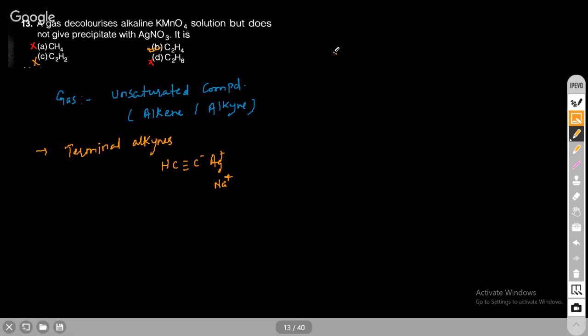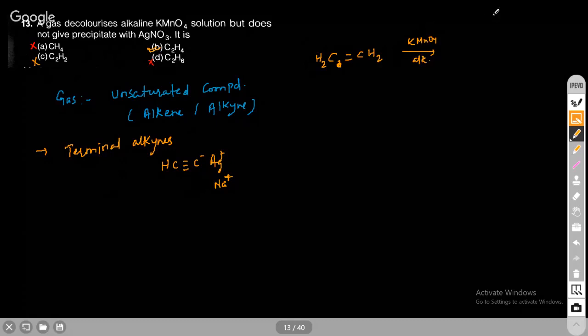For example, you see this reaction, C2H4, which is nothing but CH2 double bond CH2, and this reacts with alkaline KMnO4, right? So we have KMnO4, alkaline medium.